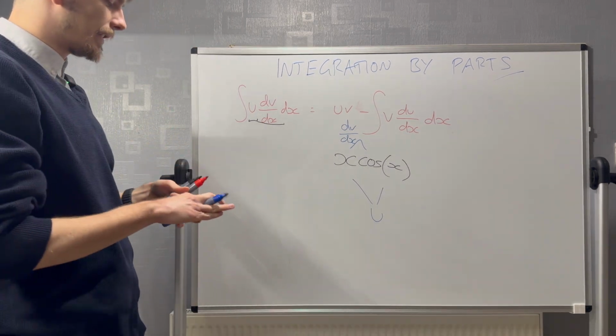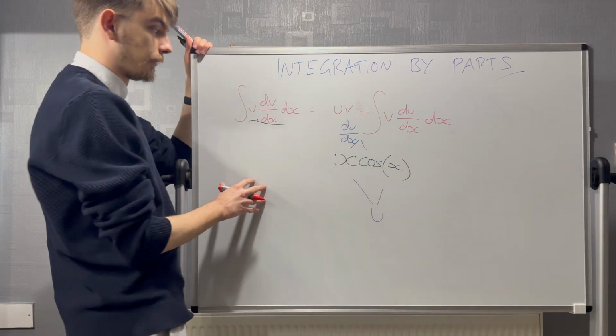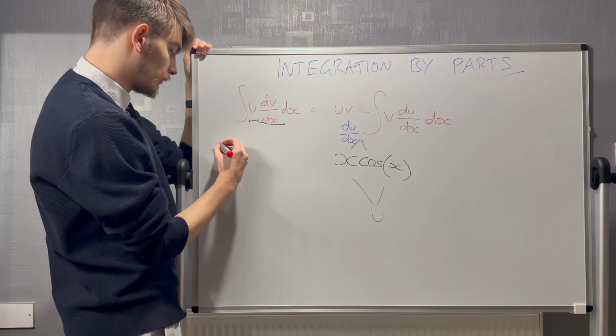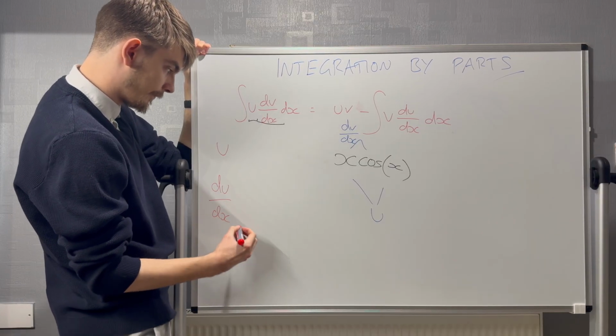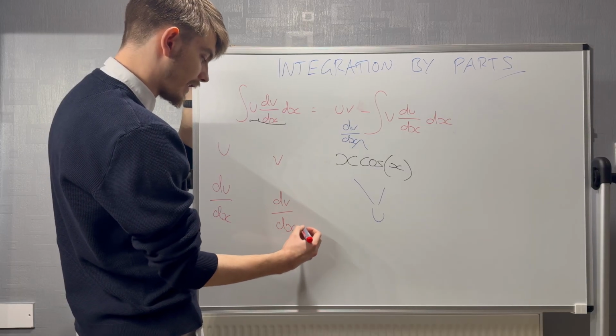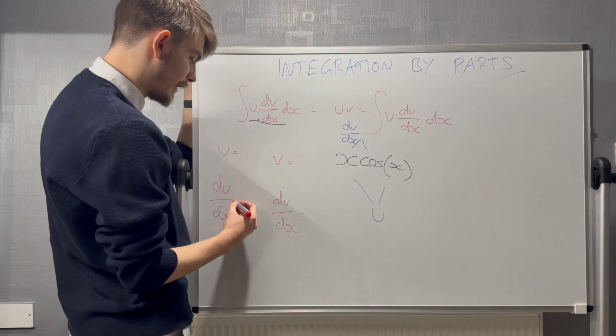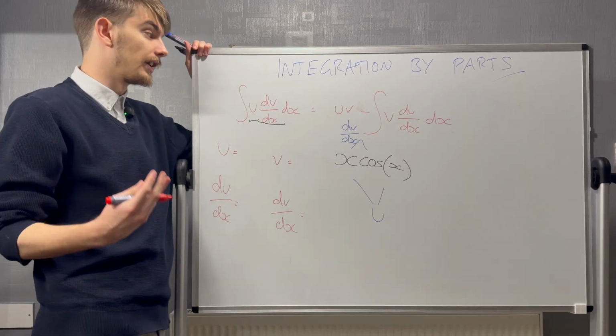So to make this a bit simpler, we're going to draw a little table. And this is what we want to do every single time we encounter something like this. I'm going to draw a little table with a u, du by dx, a v, and a dv by dx. These are the four things that are in my equation, and these are the four things that I need to know.